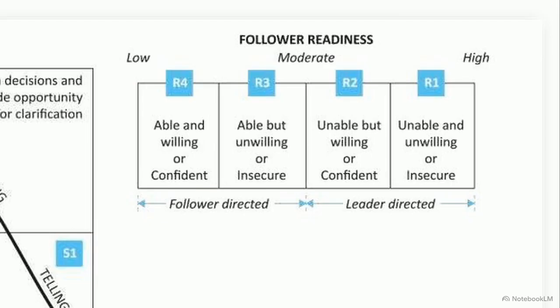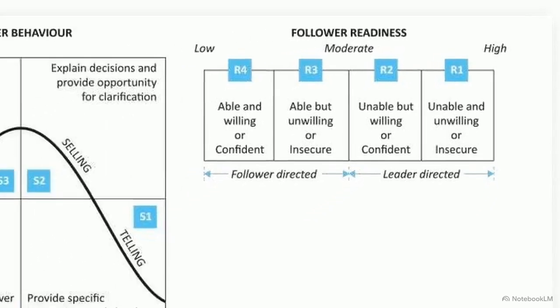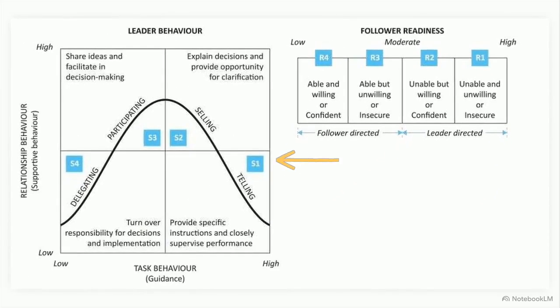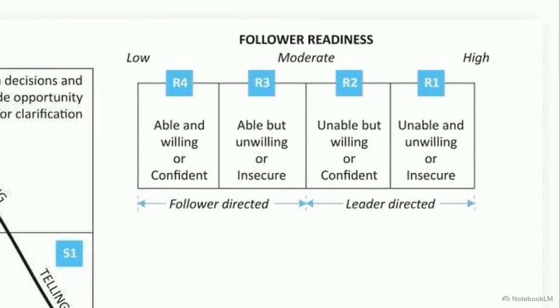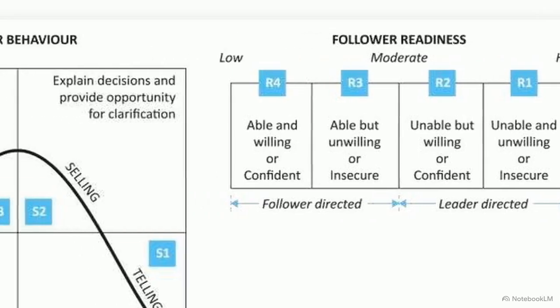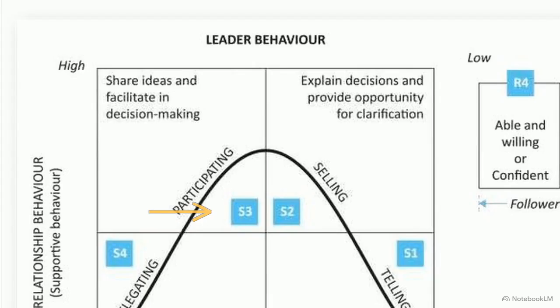If you are managing a new or unskilled team at the R1 level, they require highly directive, task-focused behavior with minimal relational support. The model defines this quadrant as telling. As the team reaches moderate readiness levels at R2 and R3, they gain ability but often struggle with confidence or commitment. To maintain effectiveness, the leader must move their behavior along the curve, shifting from selling the tasks to participating alongside the team.